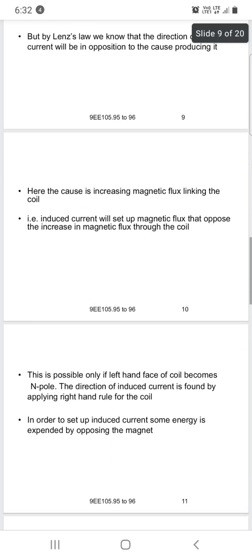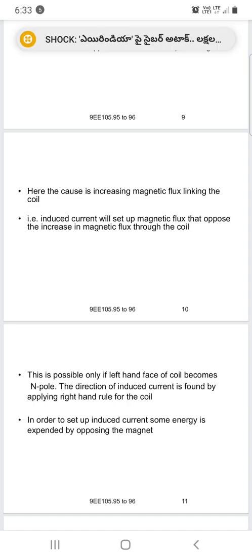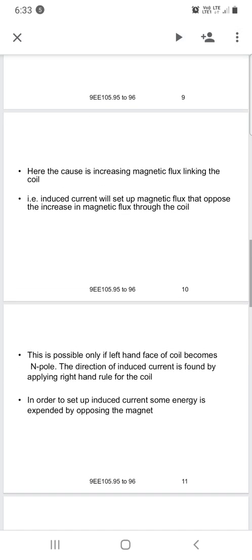The induced EMF produced opposes the flow of source current.